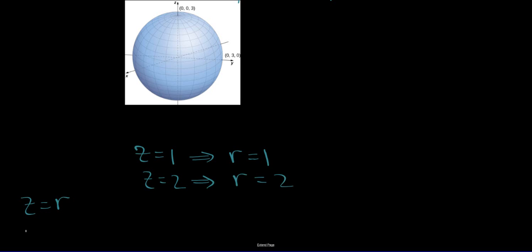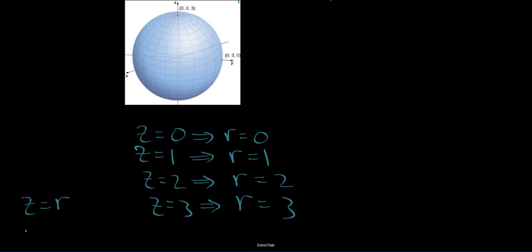So you can see we've got this situation where as you get higher and higher values of z, you get bigger and bigger circles. First you have a circle of radius 1, then a circle of radius 2, a circle of radius 3, and so forth. And of course, if z is equal to 0, r is equal to 0.